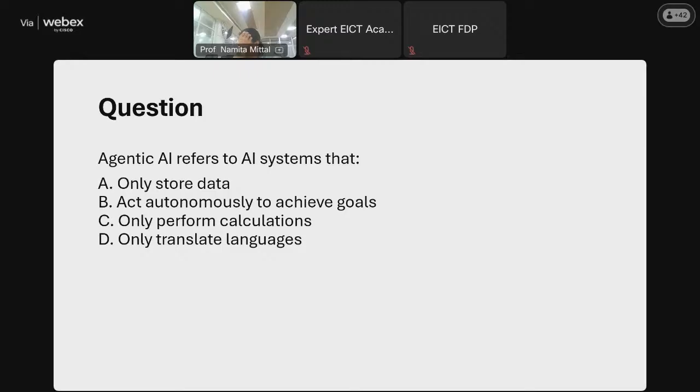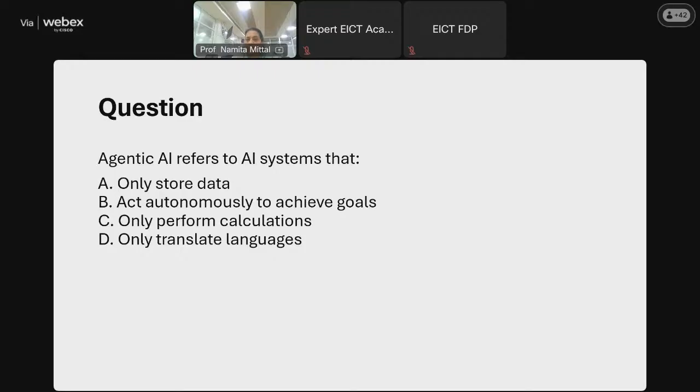Now it's time for the questions. Whatever we have done, please have a look if you're ready to answer. Agentic AI refers to AI systems that only store data? No, it's not the role of AI systems.